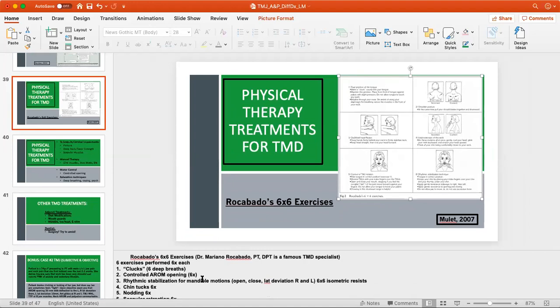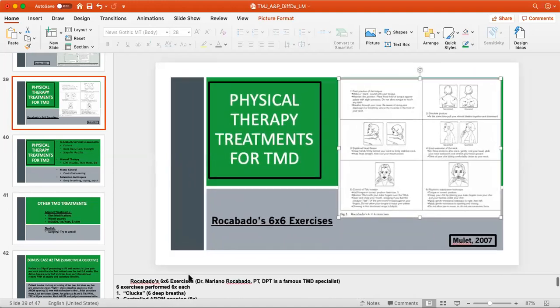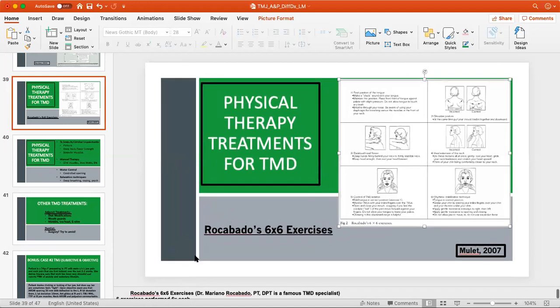You're trying to treat and restore normal neck function. You're trying to restore controlled opening, so motor control. And because scapulothoracic plays a role, you're trying to address that as it contributes to posture and health of the TMJ. So that's a common exercise program that you can use for these patients.